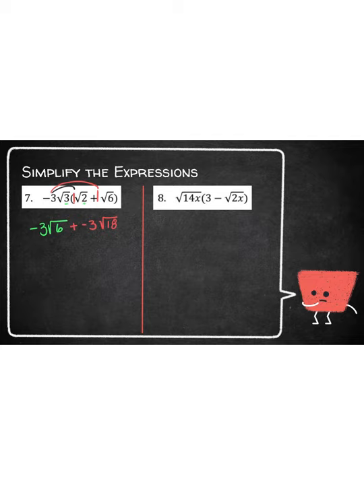Okay, so now let's see if we can break up that 18. So I'm going to put my legs on, and I know 2 times 9 is 18, and 3 times 3 is 18. When I look at those, I have a pair of 3s. Remember, your pairs of 3s come out front, and then I have a leftover 2. So I'm going to rewrite what I have. So right now, I have a -3 square root 6.